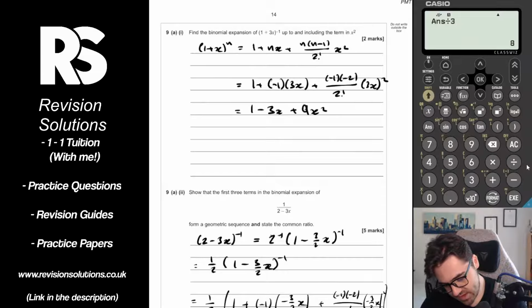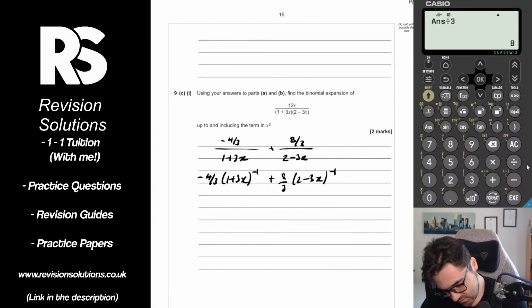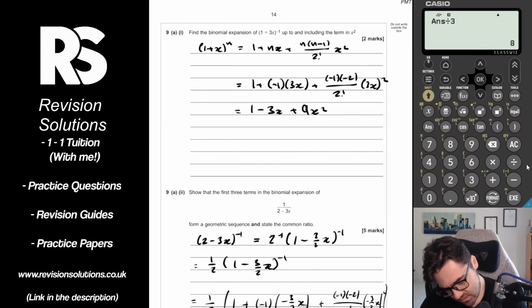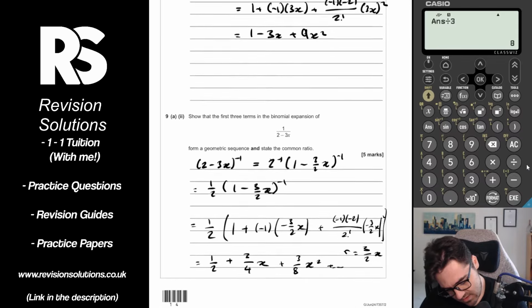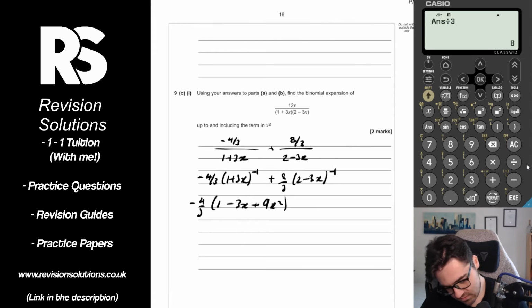So for 1 plus 3x, we got 1 minus 3x plus 9x squared. Let's just check that's right again. Yep, good. And then we had a half plus 3/4 x plus 3/8 x squared. So that's plus 8 thirds.